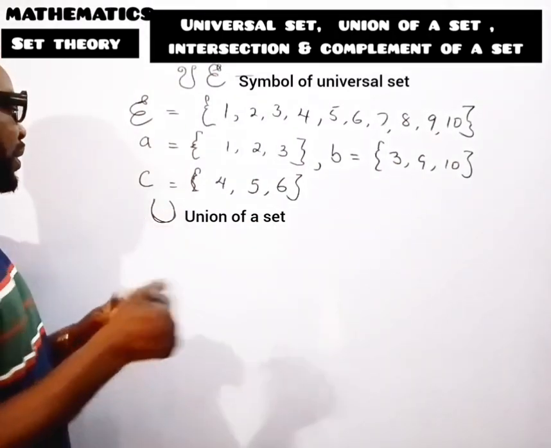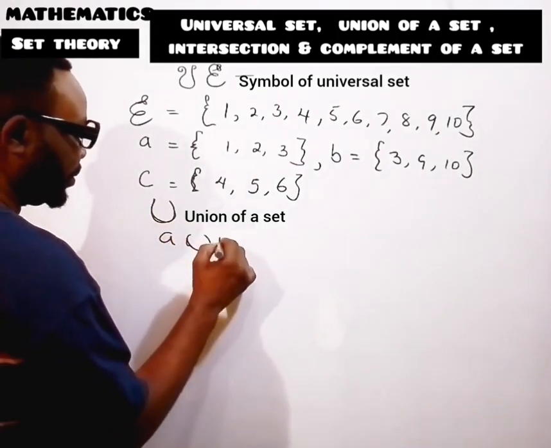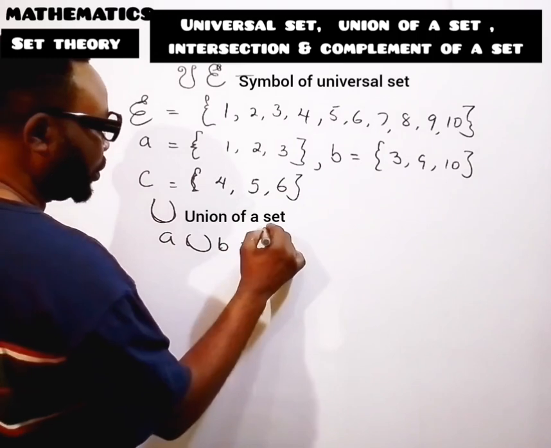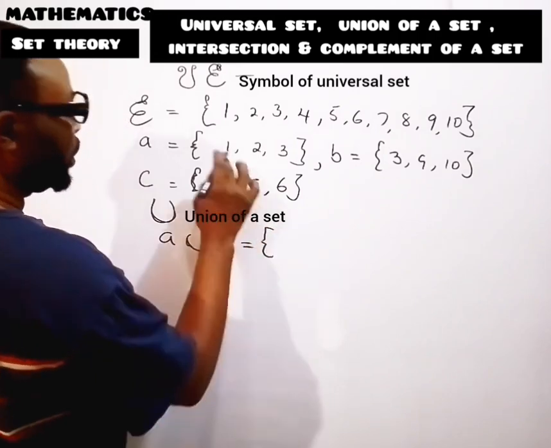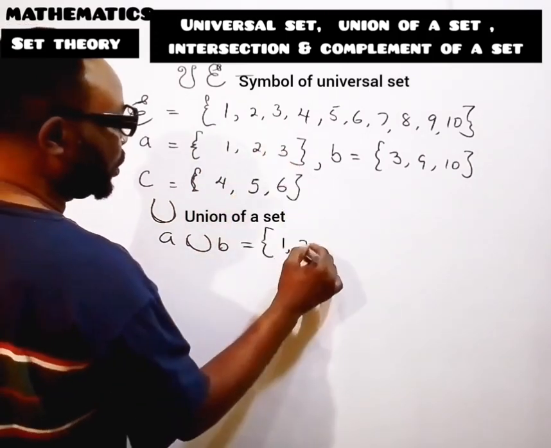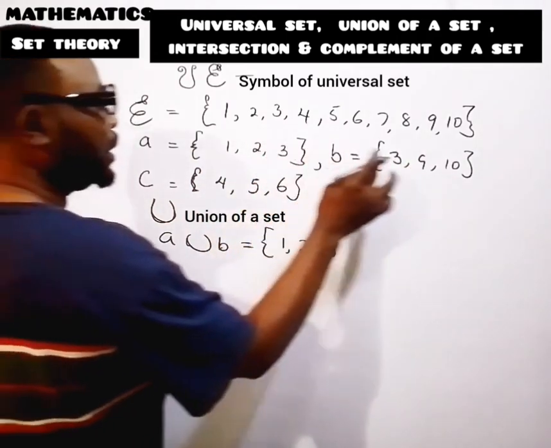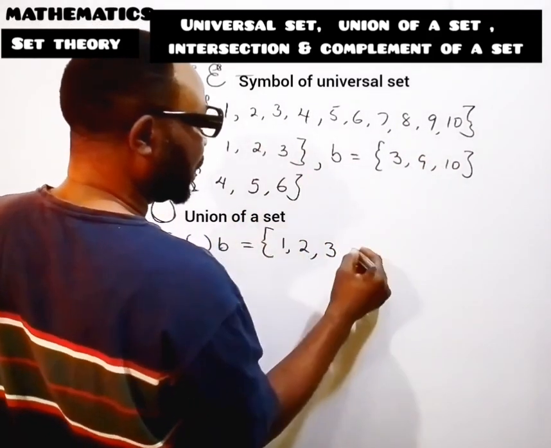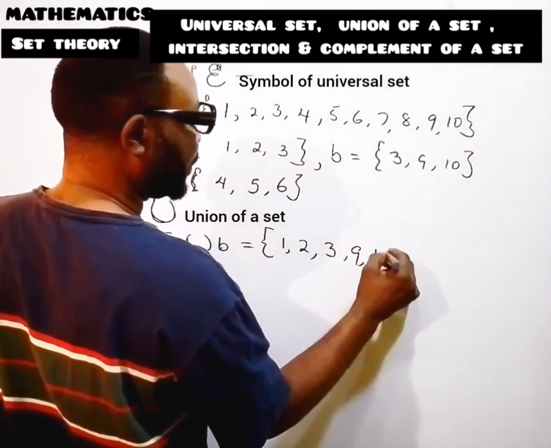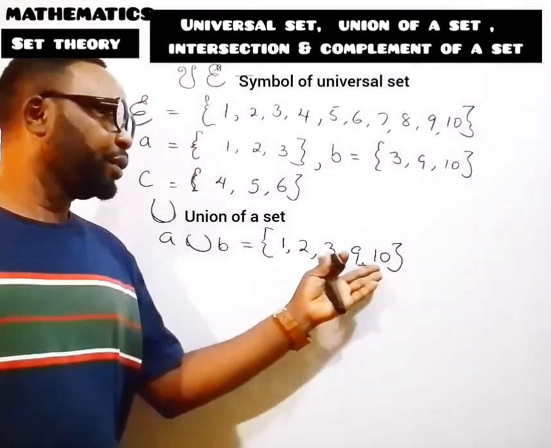For instance, A union B will be equal to, what do you have here in A? 1, 2, 3. What do you have again? 9, and we have 10.